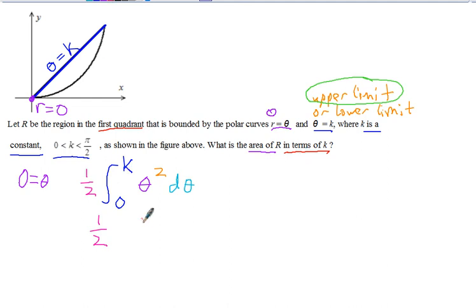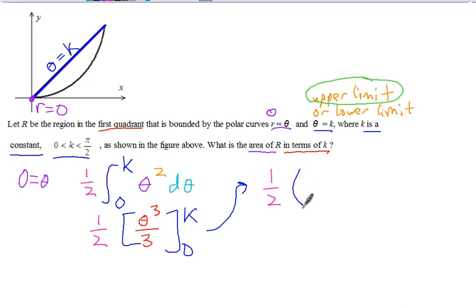So when you integrate theta squared, you get theta cubed over 3. This is evaluated from 0 to k, times 1/2. And you substitute in k for theta, you get k cubed over 3 minus, when you substitute in 0 cubed, that's just 0. So simplify, that just becomes k cubed over 6.